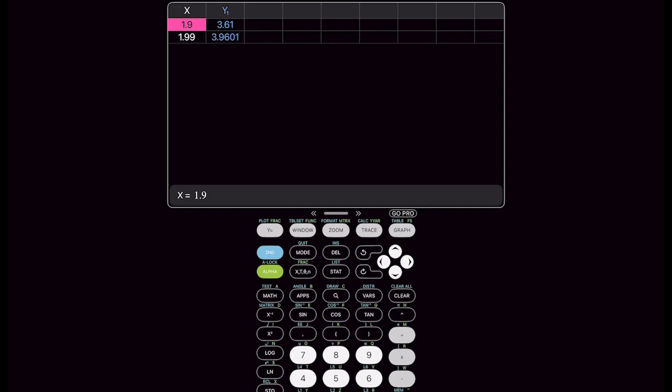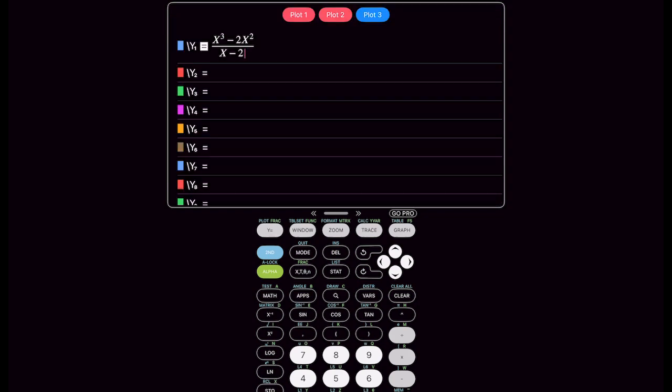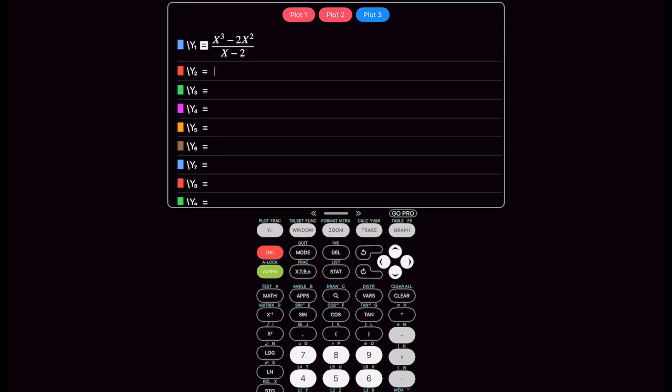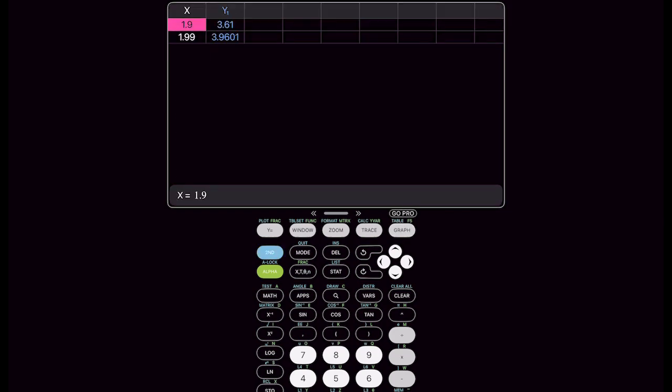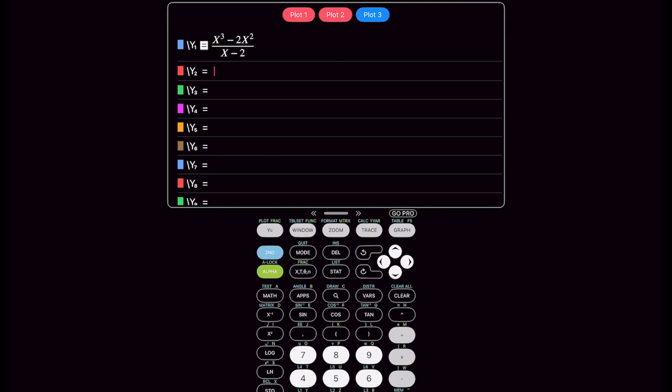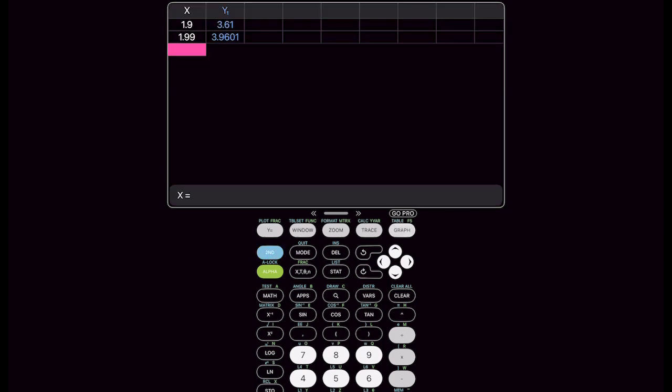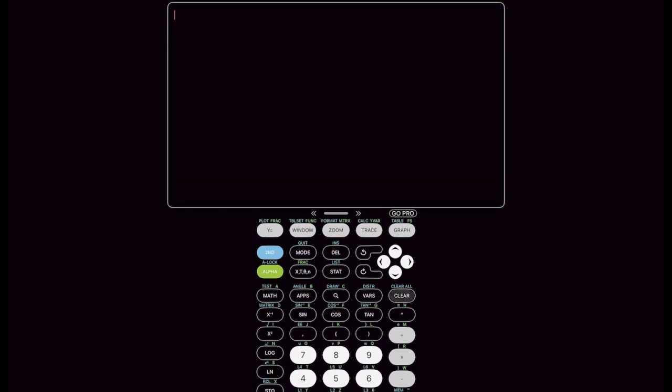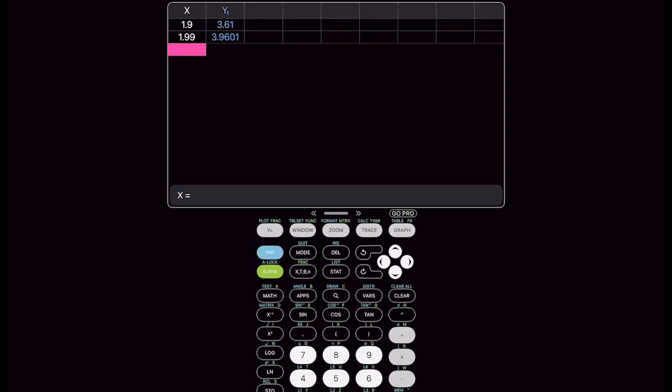So when I plug in 1.9, maybe we have to do this again. Oh, we have to hit enter for our function and then go here. Okay, now we'll type in 1.9 and hit enter. Nope, that's still not right. Okay, let's see, second table. Let me clear that. We might have to delete what's in here.